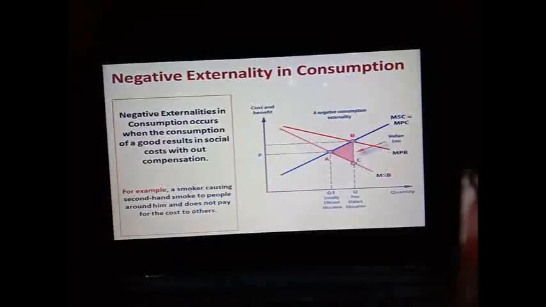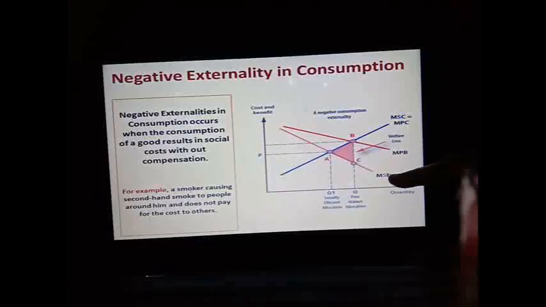Due to his smoking, his neighbors or the people around him are getting harmed, and that person is not making any compensation for the harm he creates for others. So that is our negative externality in consumption. And again, negative externality in consumption also leads to market failure.